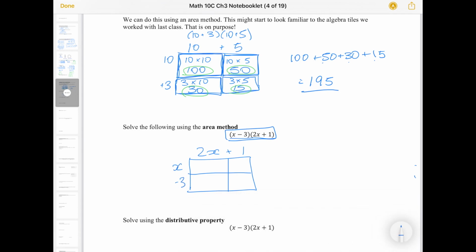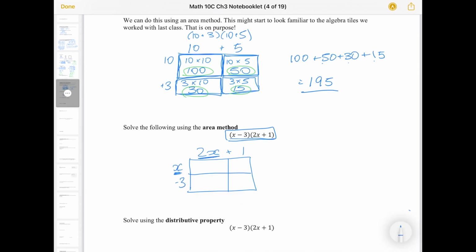X and minus 3. So I've got my x here, my 2x here, and I'm multiplying them together. So I have x times 2x, which is going to give me 2x squared. X times 1, which is just going to give me 1x, or x.